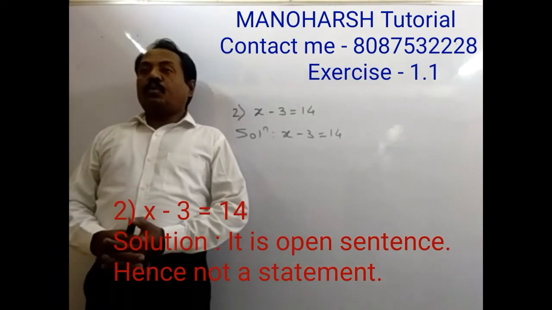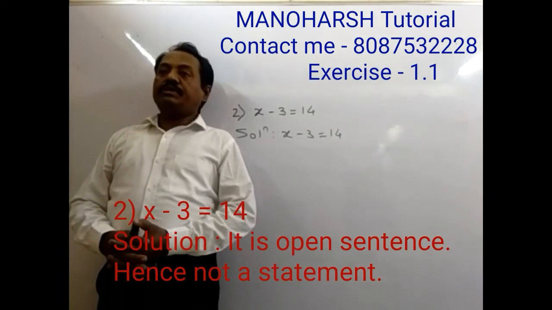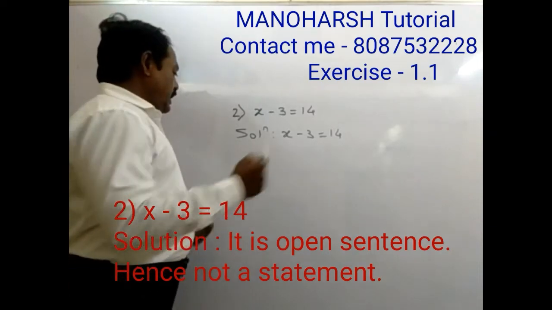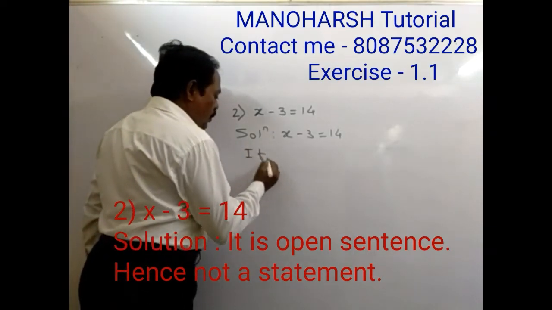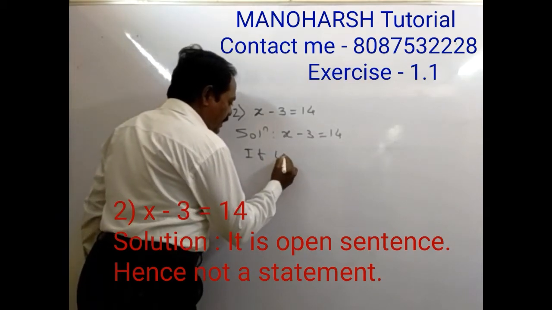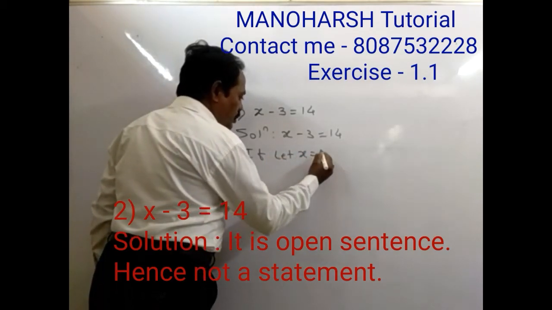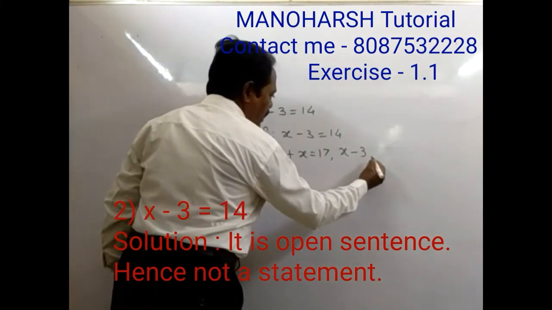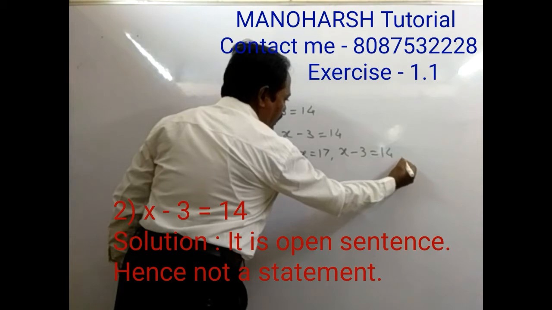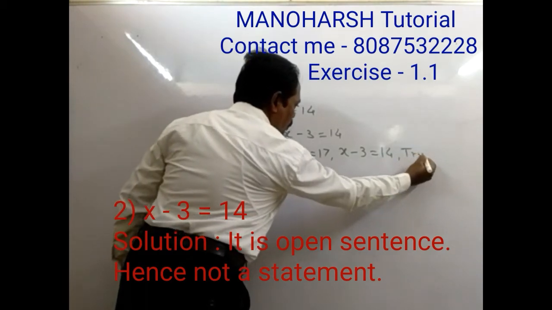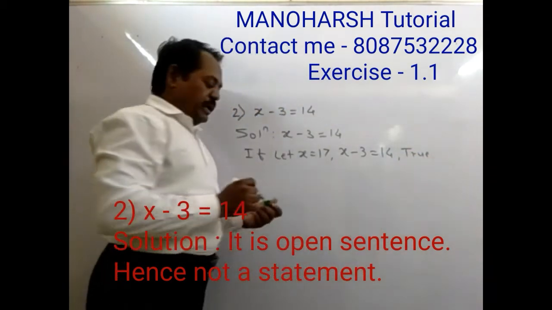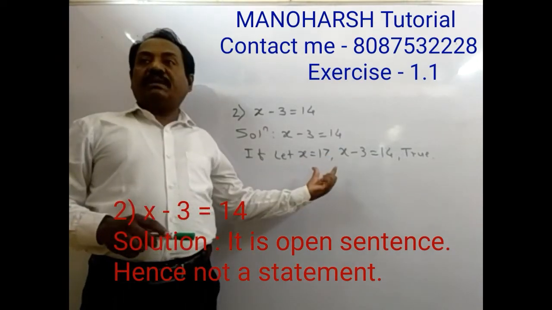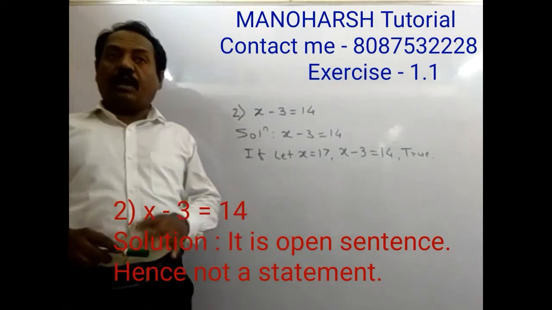Now example number 2, x minus 3 is equal to 14. In this example, if we take x is equal to 17, then x minus 3 is equal to 14 is completely true. यदि हम x is equal to 17 कंसीडर कर रहे हैं तो ये मैथमेटिकल सेंटेंस कंप्लीटली ट्रू होगा.